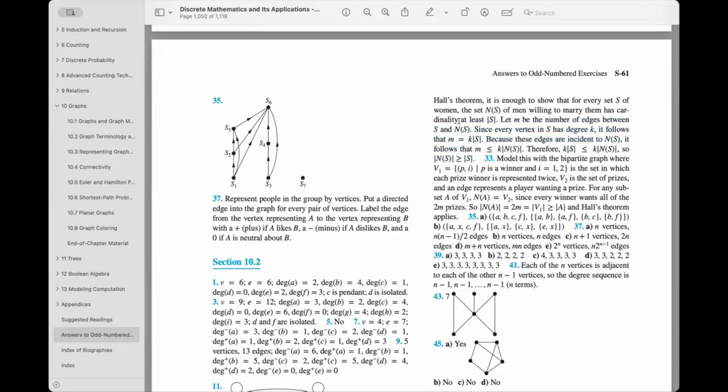Simple subgraph, new graph, union of two simple graphs. A bijection. Okay, yeah, I can explain the bijection. For graphs, bijections relate to isomorphisms.